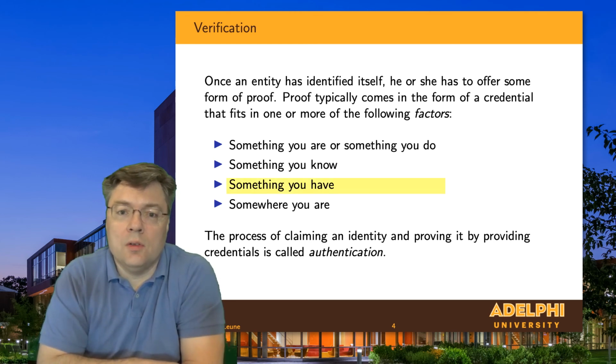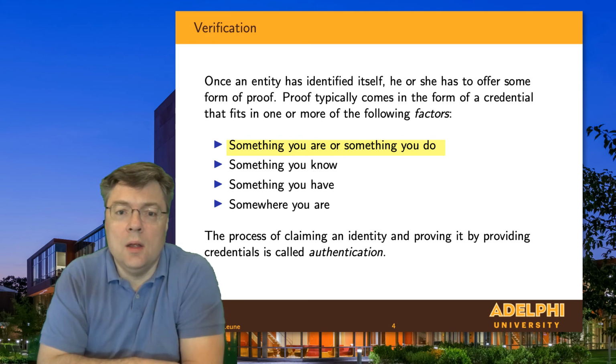The second one is something we have. If I have a token, maybe a badge or a passport or a special card or a digital certificate that I can show you that proves that I am who I claim to be, then that could help in establishing my identity as well. The third factor is something I am, biometrics.